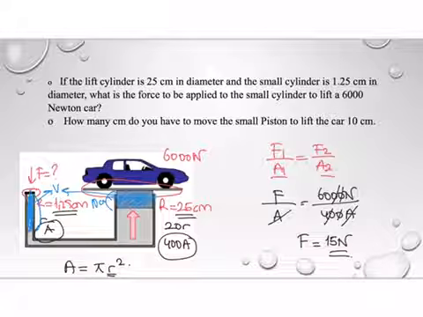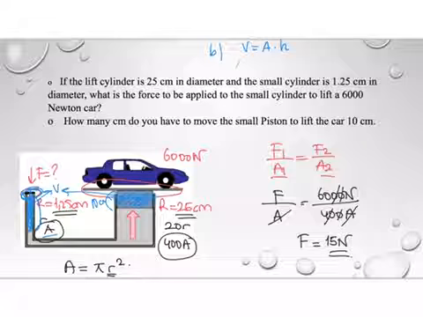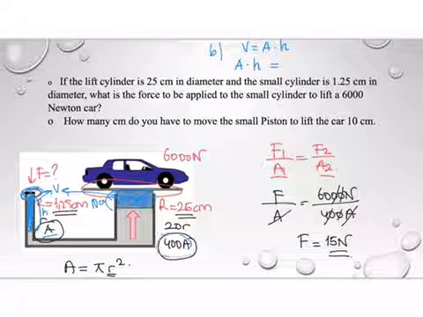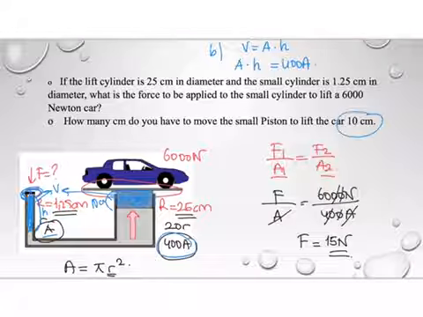As volume, let's do the B part here. Volume is equal to the base area times H. This has a base area of A times the unknown amount of motion is equal to, this has a base area of 400A times the amount of motion 10 centimeters.